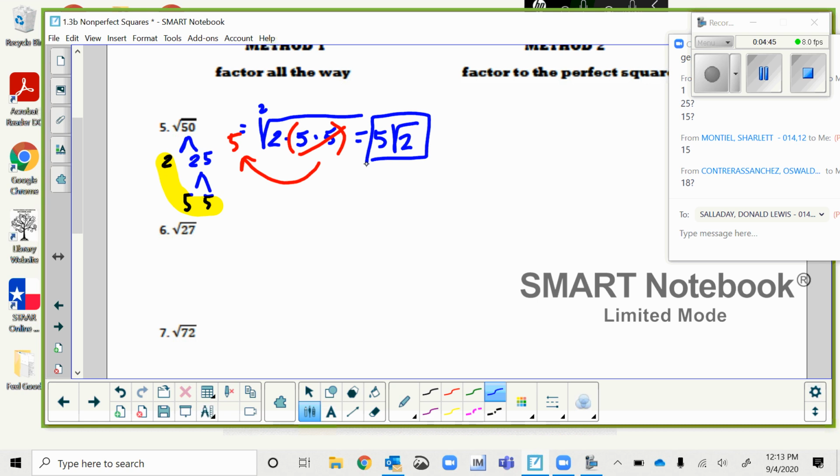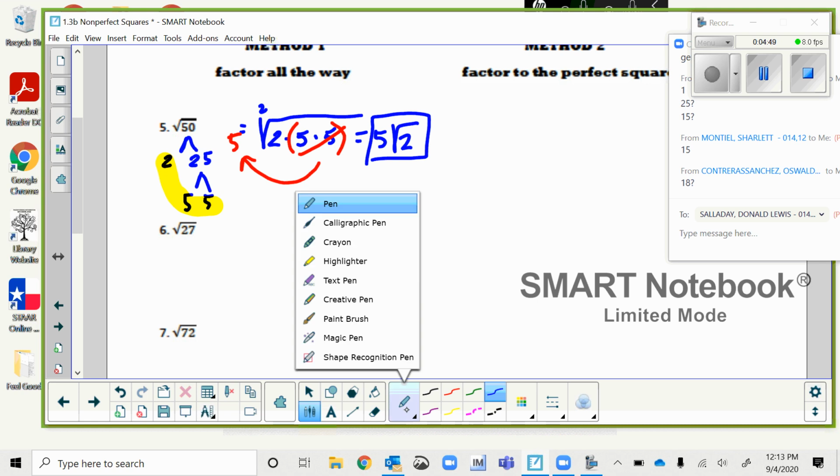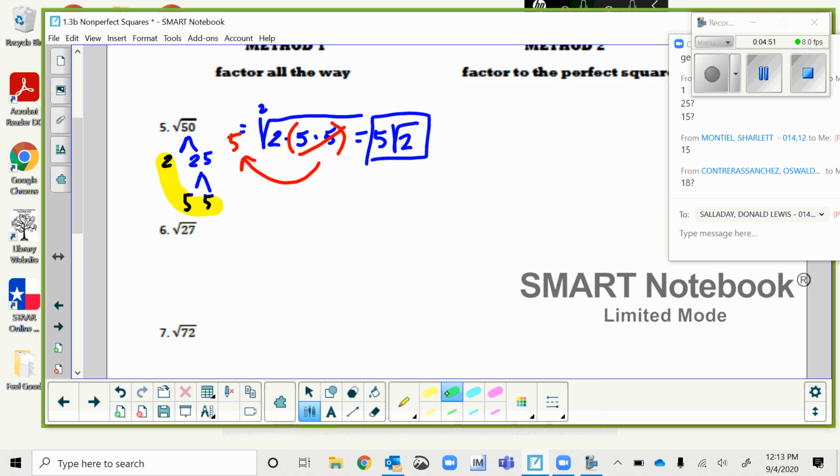And the second method for doing that is this. That very first step right here, when I factored and had 2 times 25, if I could notice that 25 is a perfect square, then I could have done this instead.